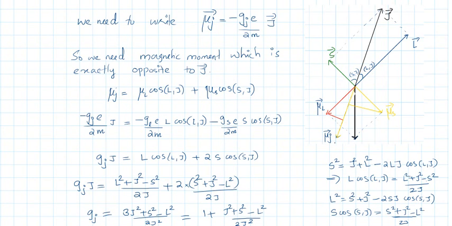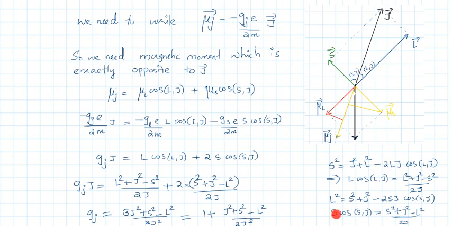From the first cosine law, you can write L cos lj as j square plus L square, this s square will come to this side, so that becomes minus s square, divided by 2j. Similarly, from this equation, I can find s cos sj as s square plus j square, this L square will come to this side, minus L square, divided by 2j.